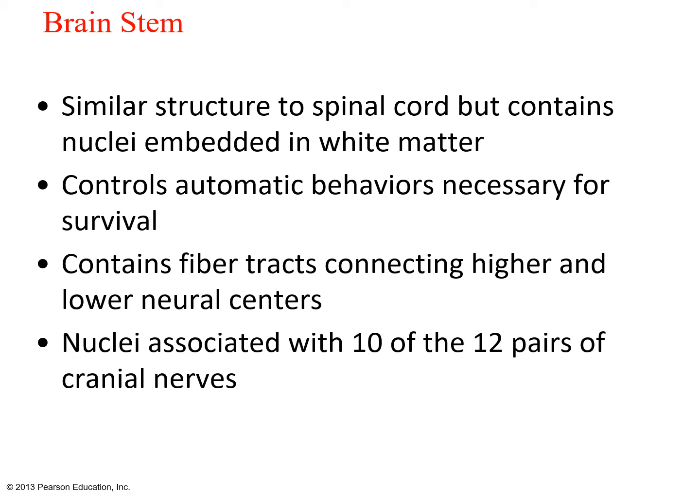The brainstem controls a lot of autonomic behaviors that are necessary for survival, things like heart rate and breathing rate. It contains fiber tracts that connect higher and lower neural centers. And it also has nuclei that are associated with 10 of the 12 pairs of cranial nerves.